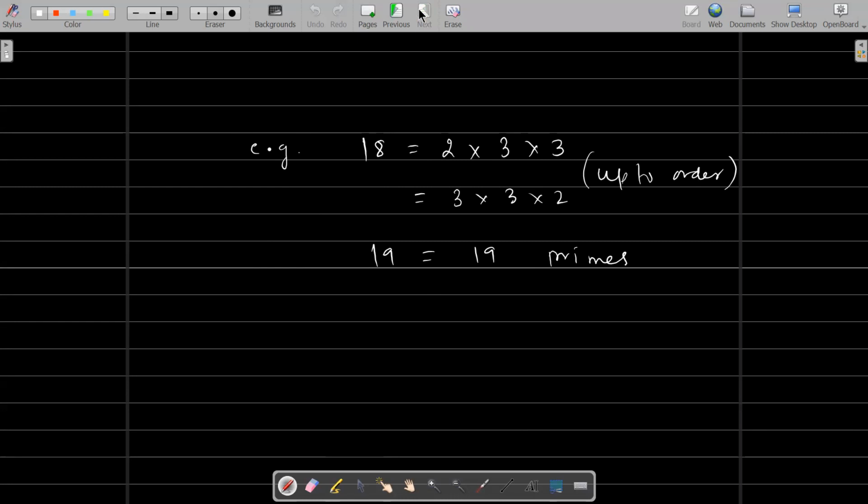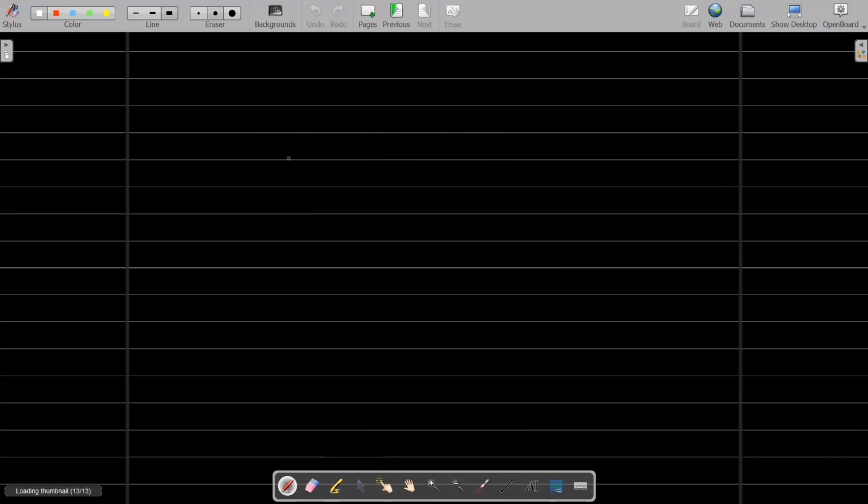Okay. Now using this, we'll do one result. There are infinitely many primes. Yeah, again, there are many proofs. In fact, more than 100 proofs of this are available on the internet.